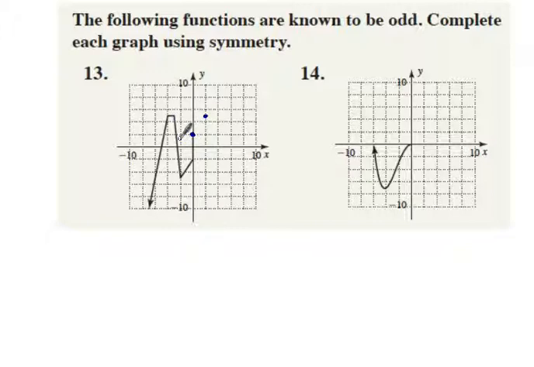So we can reflect all of these coordinate points. And so we'll see that when we reflect this across the origin, we end up seeing something that'll look like that. So visually, we're reflecting across the origin now.